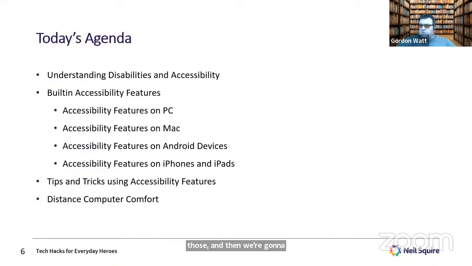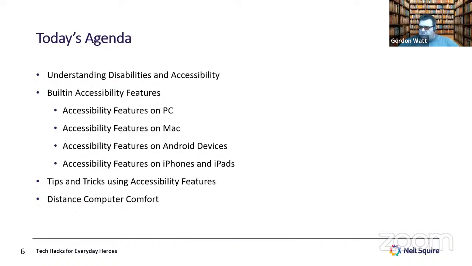Also, we're going to be talking about mobile devices as well, Android devices and iPhones. I've asked Khatidja to put together some tips and tricks as far as these accessibility features are concerned.